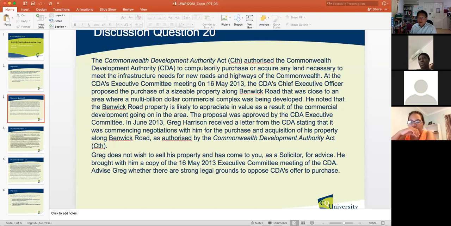The answer is no. You can question the legality of a regulation passed by the executive on the basis of primary legislation, such as the law passed by the Commonwealth Parliament, but you cannot question before the Administrative Appeals Tribunal the validity or legality or constitutionality of a law passed by the Commonwealth Parliament. So I'm just clarifying that.